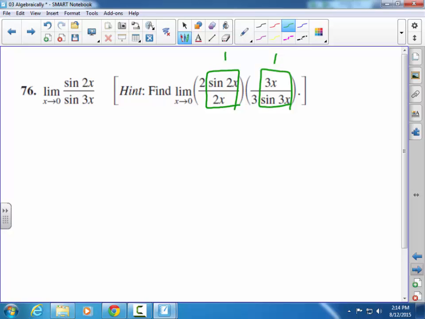Okay? So now let's look at what we have here, because we don't have an answer yet, but we've got some stuff that we can kind of throw away. Let's be sure we understand why the limit as x approaches 0 of 3x over the sine of 3x is 1. Let's go back to this right here. We all agree that has to be 1 because that's just the trig limit that we looked at a while ago. Think of this algebraically. This is a fraction. The fraction is equal to 1.